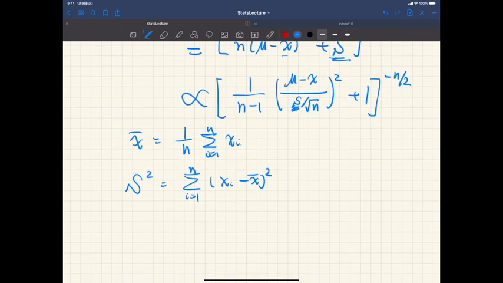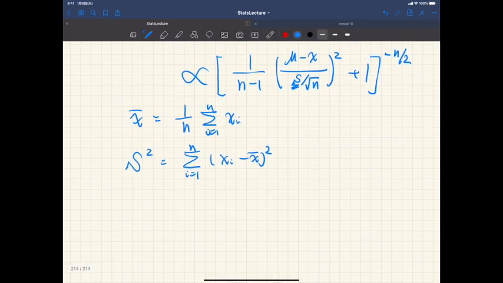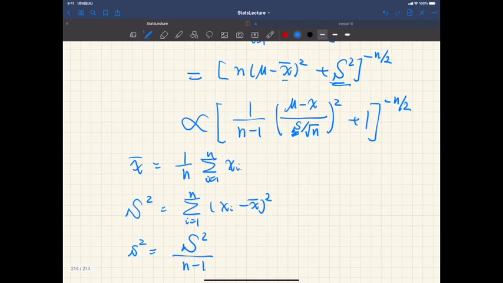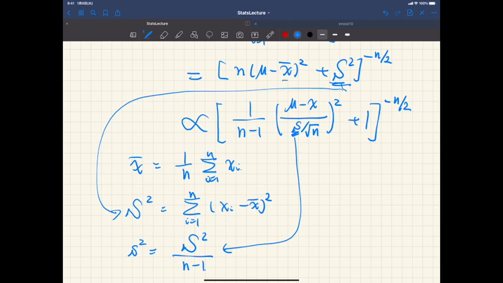And this small s squared is defined by large S divided by n minus 1. So this is the unbiased sample variance. Okay, so this one corresponds to this one corresponds to this one.